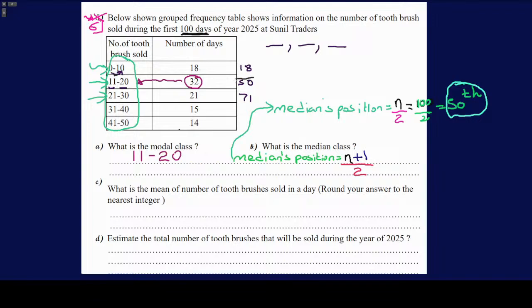See, all the values from the 19th position to the 50th position are owned by the class of 11 to 20. So what is the median class then? Median class equals 11 to 20 toothbrushes.